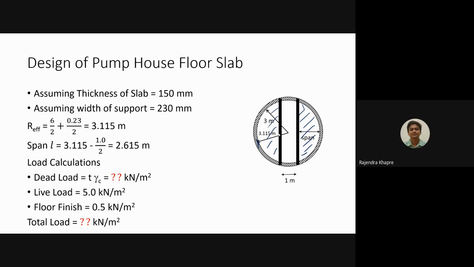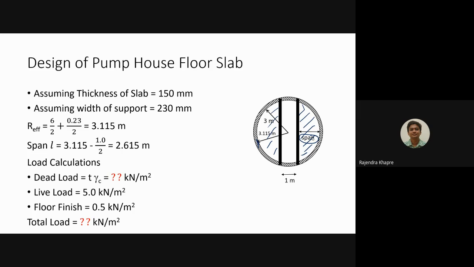Now if you see the span, span is nothing but this one. So this should be designed as a one-way slab, and it will be bending along the shorter side. Since it is bending along the shorter side, the span will be nothing but 3.115, which is the effective radius, minus half the opening.